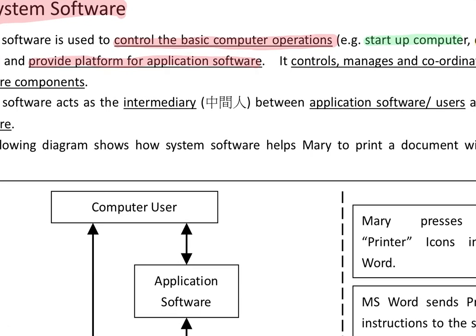We have many examples of application software. If you want to make a document, you may use Microsoft Word. If you want to do some automatic calculation, you may use Microsoft Excel. If you want to play games, you can have some application software which is a game, and then you can use it.